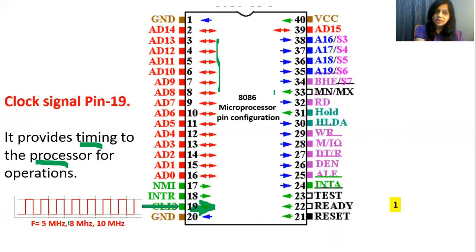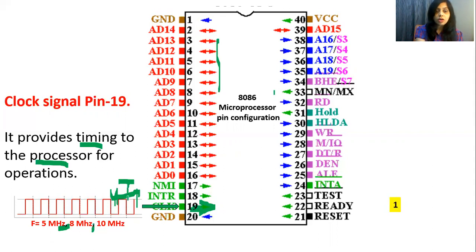This clock signal may be of frequency 5 MHz, 8 MHz or 10 MHz, because we know that the 8086 microprocessor operates on all three frequencies. So if you want to use 8086 at 10 megahertz, the frequency of this clock signal should be 10 megahertz. One clock cycle of this clock signal is known as a T state.